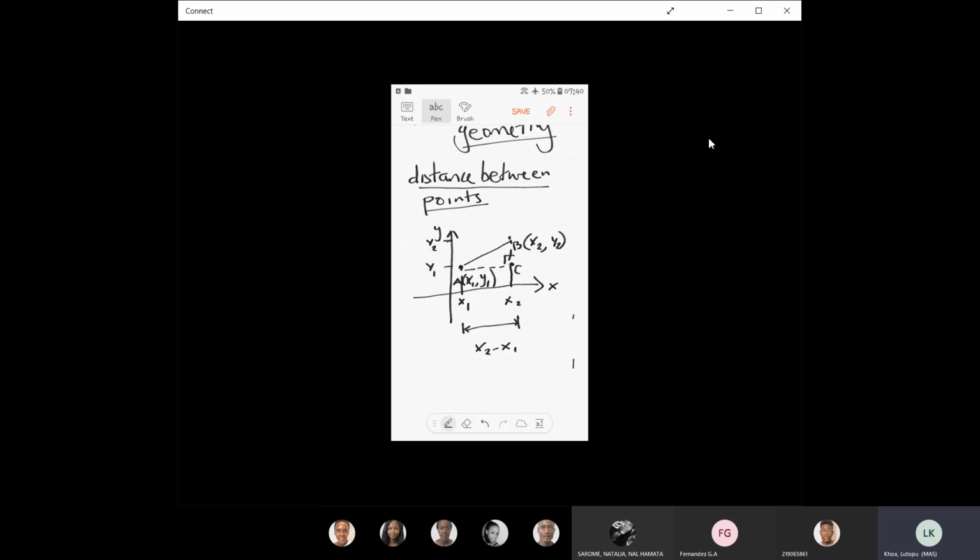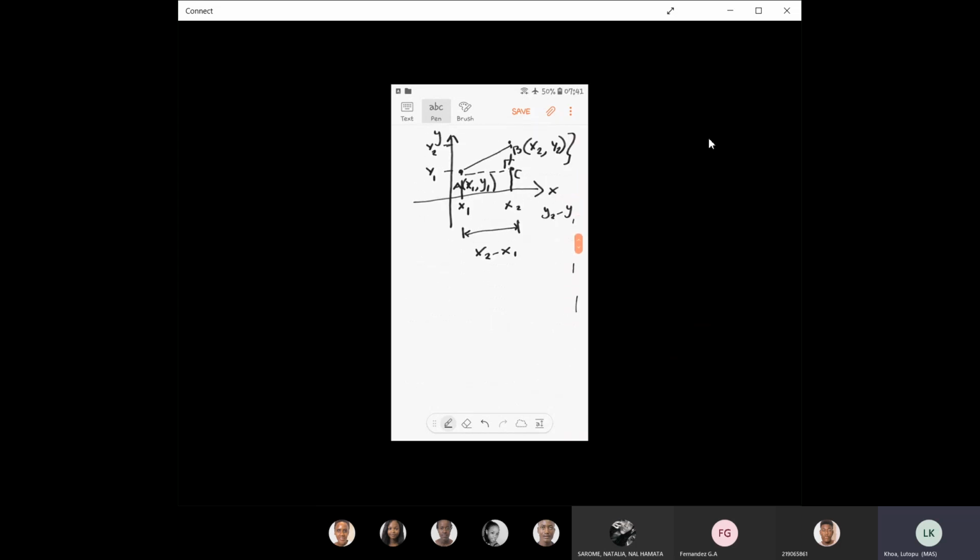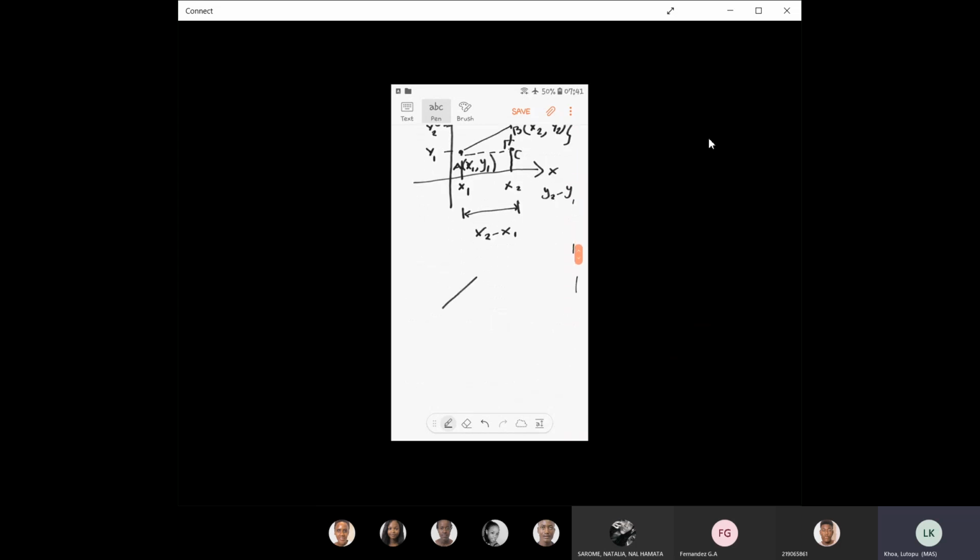You can try it on your ruler. You have any 2 numbers and you want to find the distance between them. You just say the bigger one minus the smaller one. That will give you the distance between those 2 numbers. And in the same way, the distance over here is y2 minus y1.